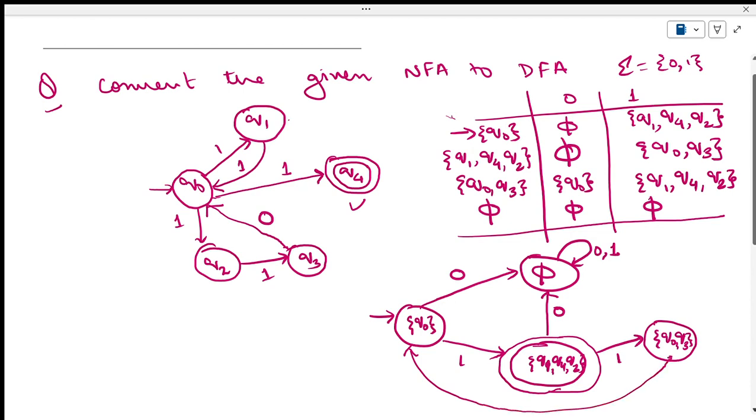Q0, Q3 on reading 0 is going to state Q0, and Q0, Q3 on reading 1 is going to state Q1, Q4, Q2. So I think we have completed the transitions. All the transitions are completed for all these states, and I hope this diagram is clear to all of you and you know how to convert NFA to DFA using subset construction.